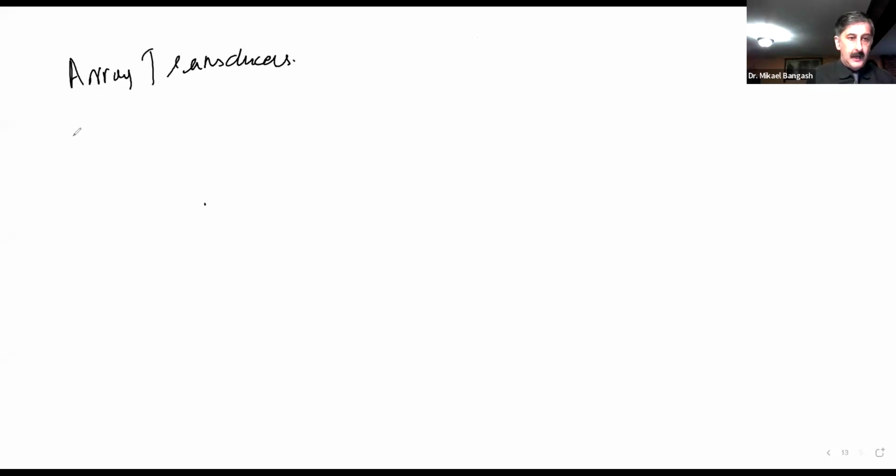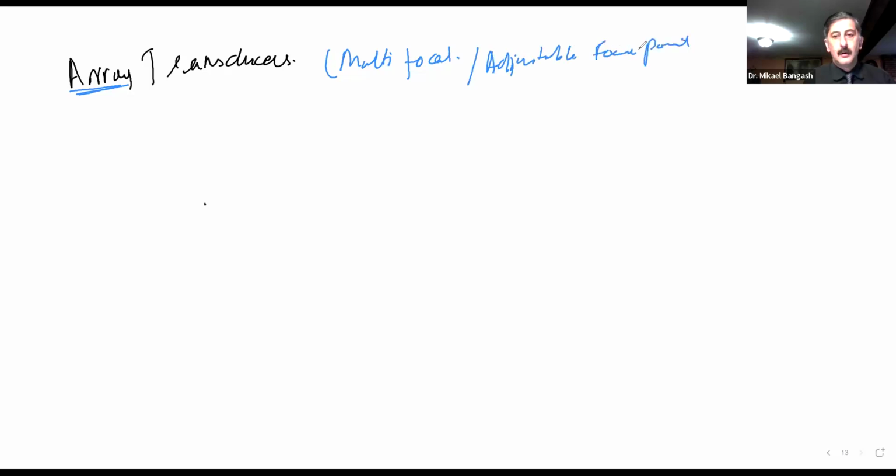And what did we mean by array? Multifocal, or adjustable focal points.